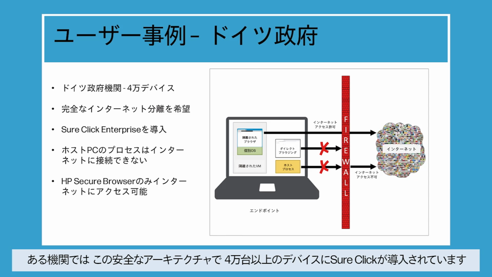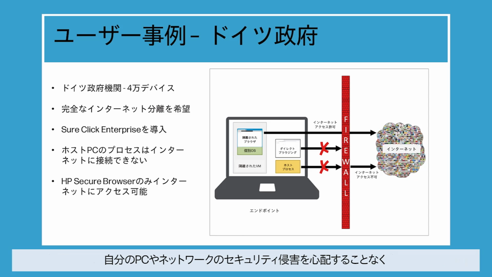One of the agencies has over 40,000 devices deployed with SureClick running in this secure architecture. And now their users can safely browse the internet without having any fear of that internet activity getting onto their PC or onto their network.